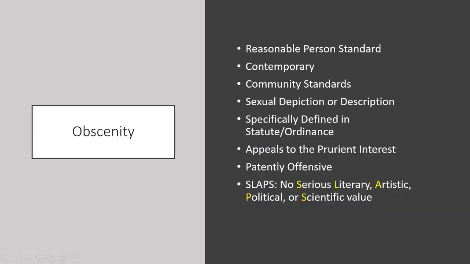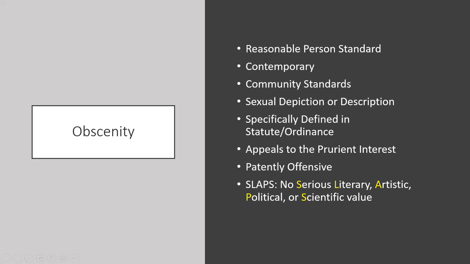If there are no actual children being used, the prosecutor's back to the regular standard and has to prove everything we just went through: reasonable person standard, contemporary community standards, sexual depiction or description specifically defined in the statute or ordinance, that the work as a whole appeals to the prurient interest, is patently offensive, and lacks serious literary, artistic, political, or scientific value.